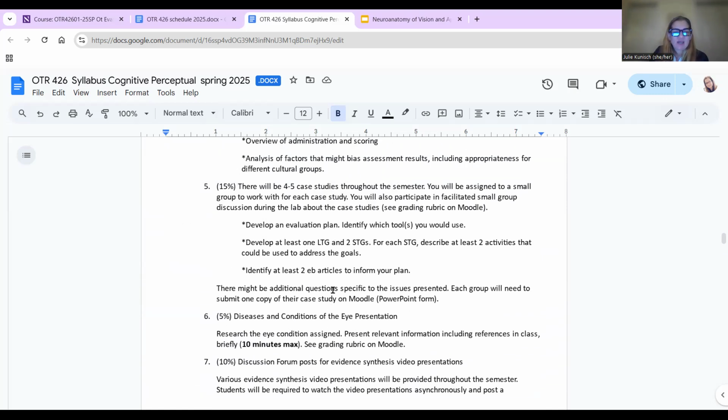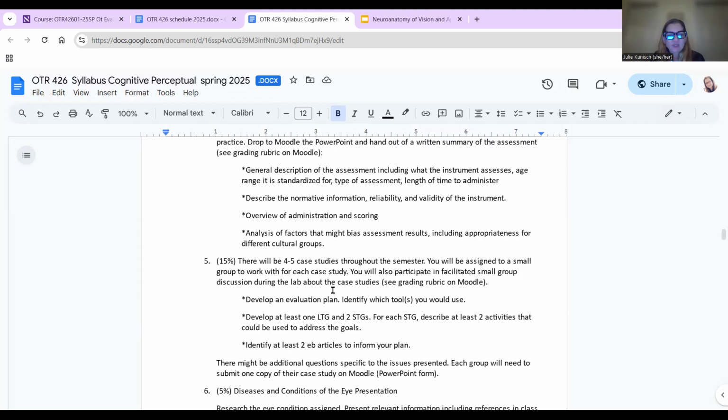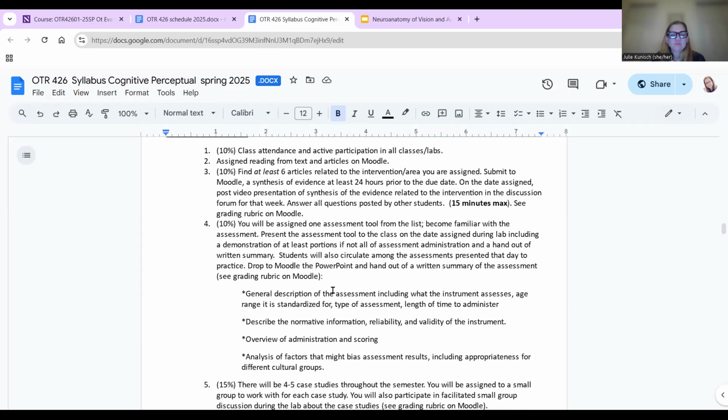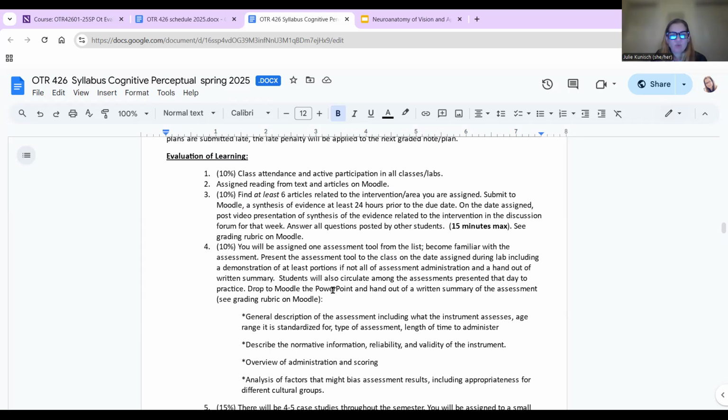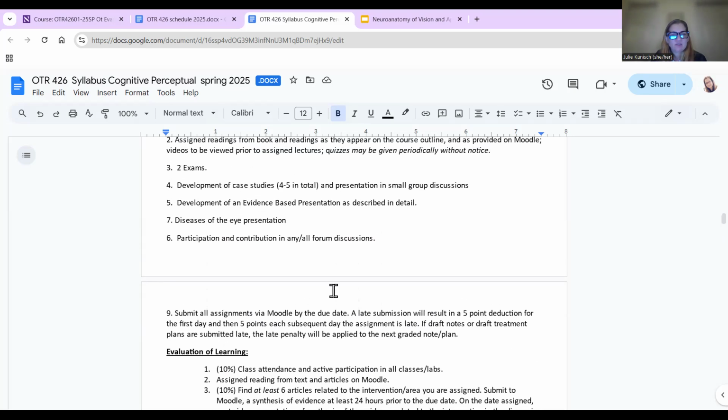Diseases and conditions of the eye is 5%. The case studies are worth 15% altogether; you'll be doing 4. The standardized assessment presentation is 10%, everybody's doing one of those. Evidence synthesis, 10%, everybody's doing one of those. And then class and lab participation, 10%.